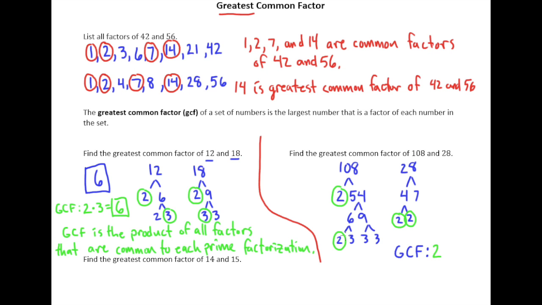So I write down another 2. And then we have a bunch of 3s, but there's no 3s in 28 to also circle. We have a 7, but there's no 7s in 108 to circle. So this is it. Our greatest common factor is 2 times 2, which is of course 4.